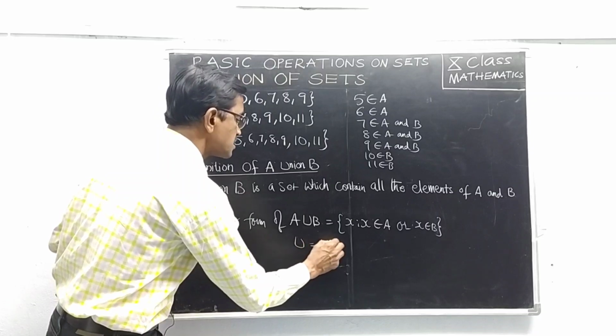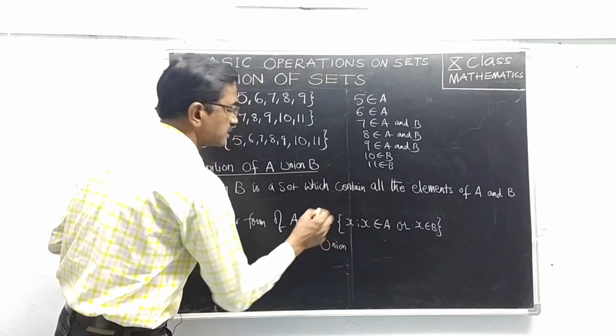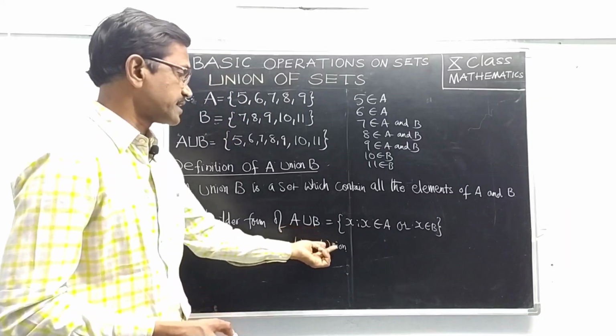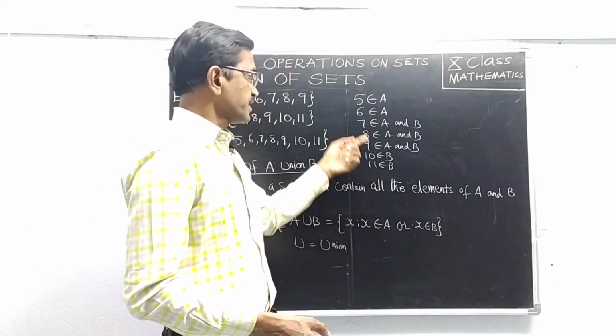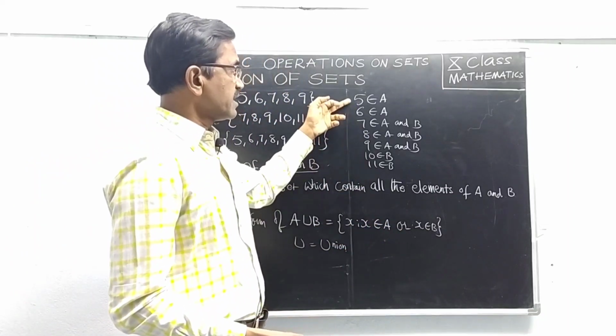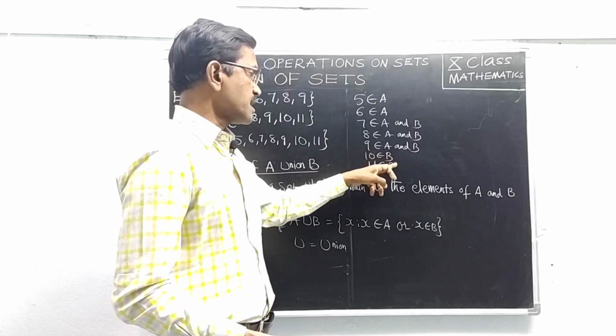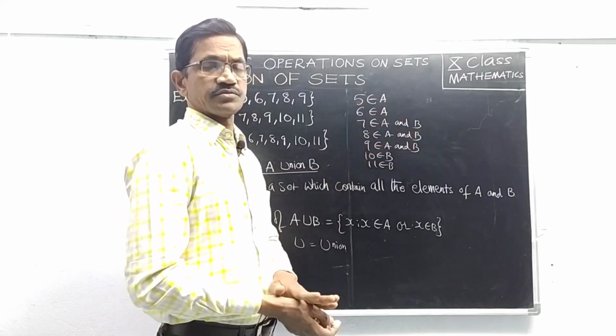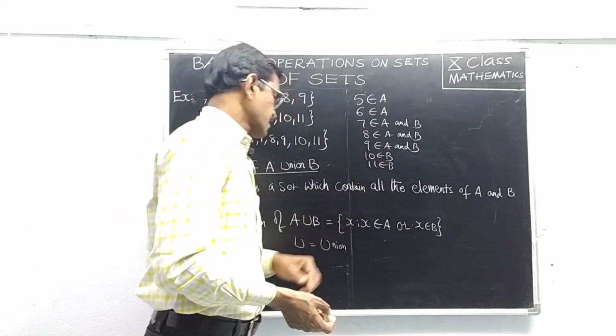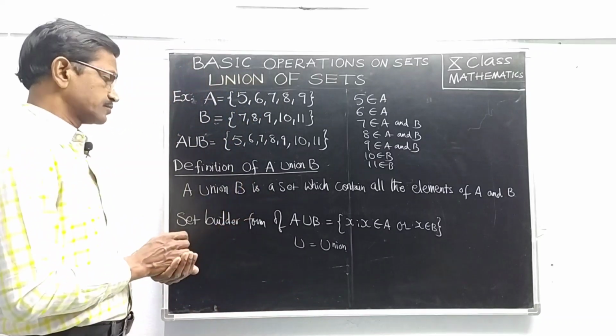It stands for union. You have to read it as union. So, here if you take any element, either it belongs to A or B or both A and B. So, in this way we can define A union B.